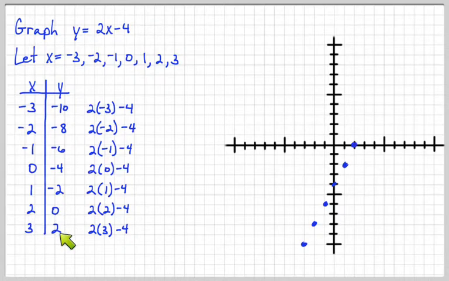Right 3 up 2. You saw them show up in order. And we're going to connect the dots. And so again we see the arrows that indicate that if I wanted to graph more points, they would continue to make a straight line either up to the right or down to the left.